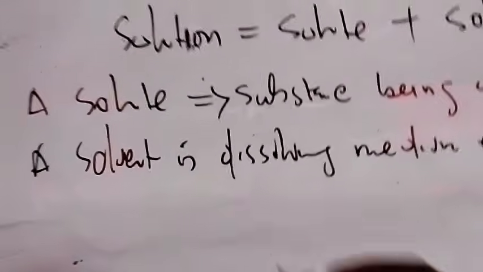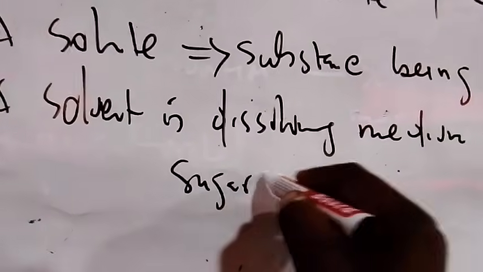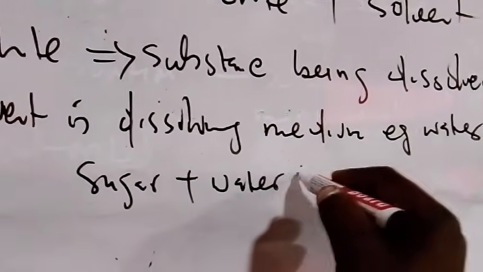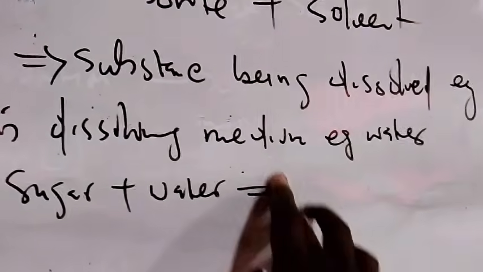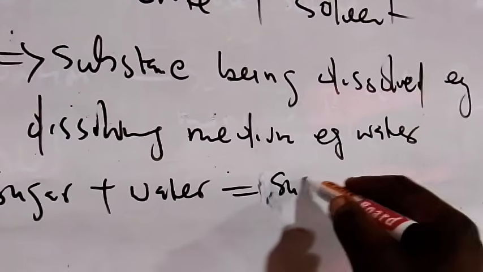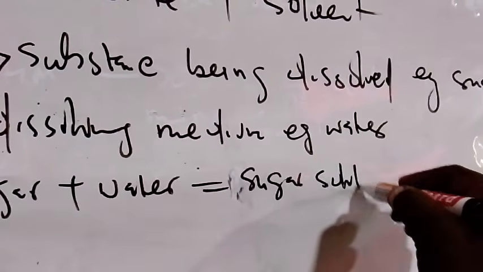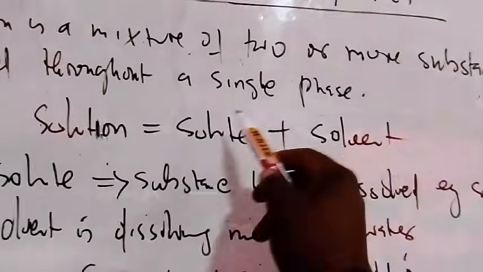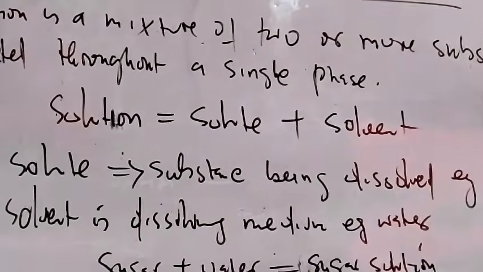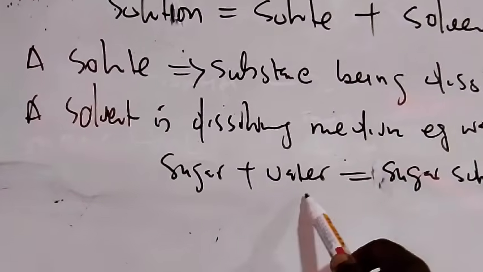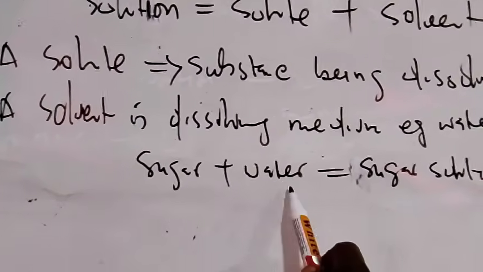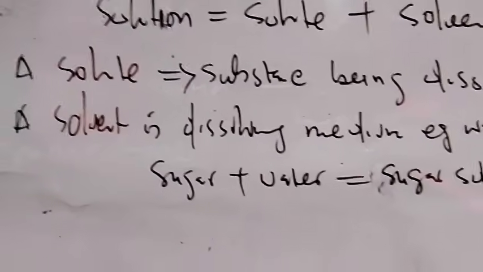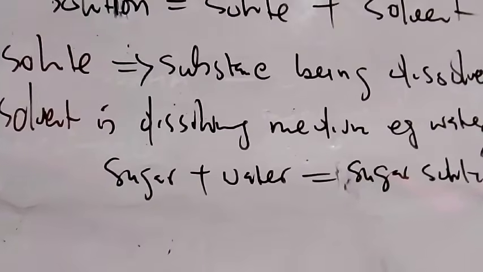So sugar plus water is equal to sugar solution. Sugar solution now forms a single phase. So solute plus solvent, water, forms a sugar solution.